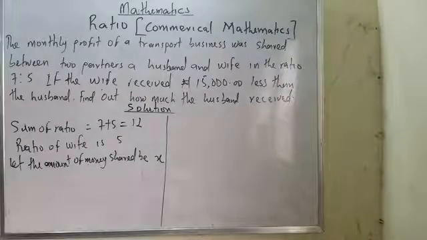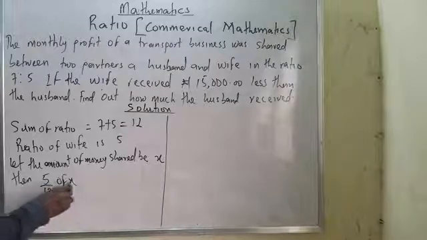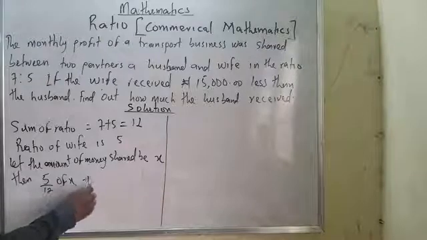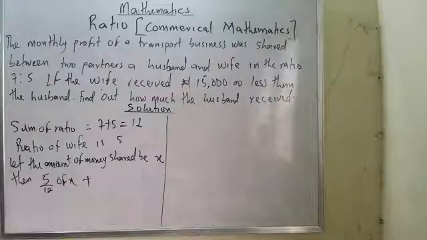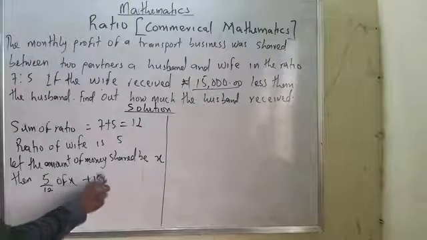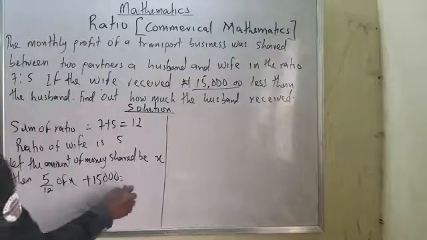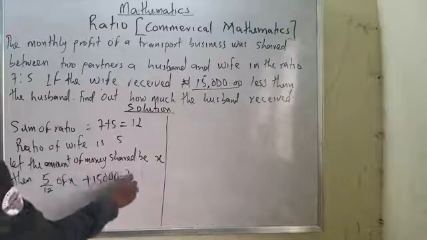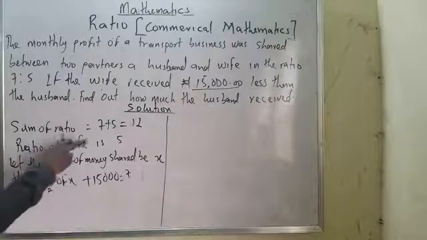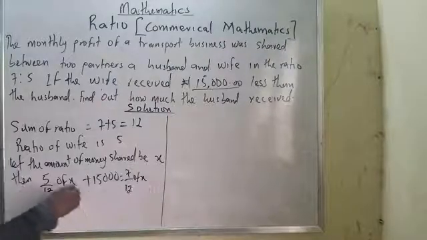Now, since that is x, then I'll be having 5 over 12 of x plus 15,000 equals 7 over 12 of x.